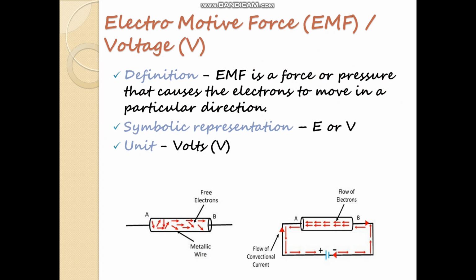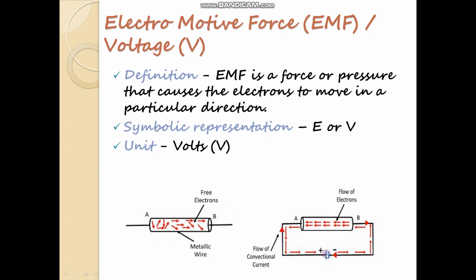The first one is the electromotive force, which is also called the voltage. What happens if we take some conducting material? There are electrons which are randomly moving in that conducting material, meaning there is no perfect alignment of these electrons, right?